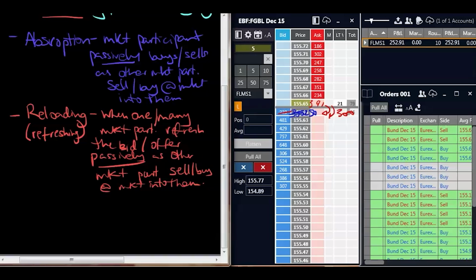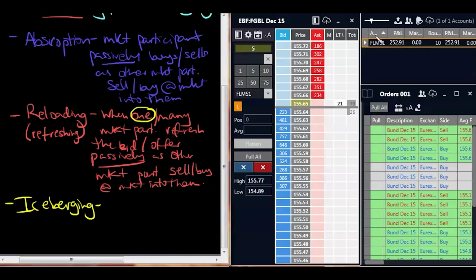Now, the last concept, in terms of price action absorption, is basically the same as reloading, but it's iceberging. Iceberging is reloading, but effectively one market participant is doing it, because you don't usually see more than one market participant reloading at the bid or the offer. Iceberging, as we went through before, is an order type that, when you put it into the market, slices the order up, and every time it goes past a certain threshold, it refreshes.